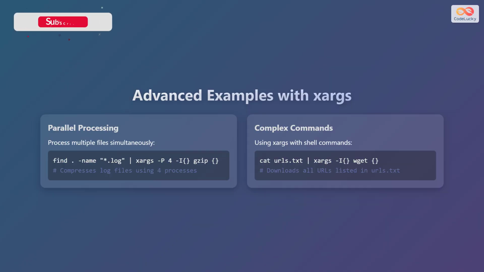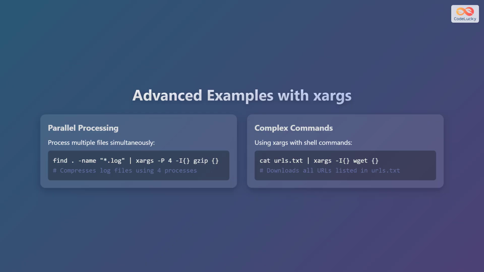Let's dive into some advanced examples of using xargs to harness its full potential. One powerful use case is parallel processing. To process multiple files simultaneously, you can use find . -name "*.log" | xargs -P 4 -I {} gzip {}. This command compresses log files using 4 parallel processes, significantly speeding up the compression task.